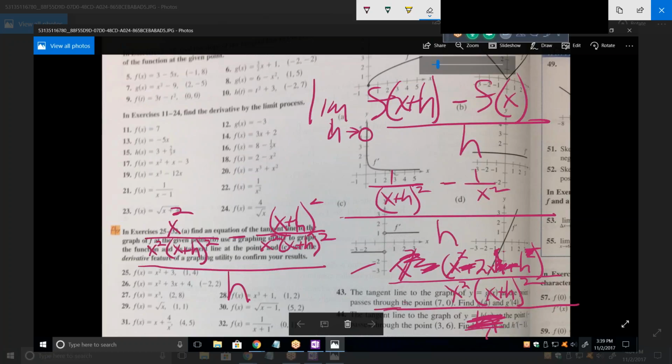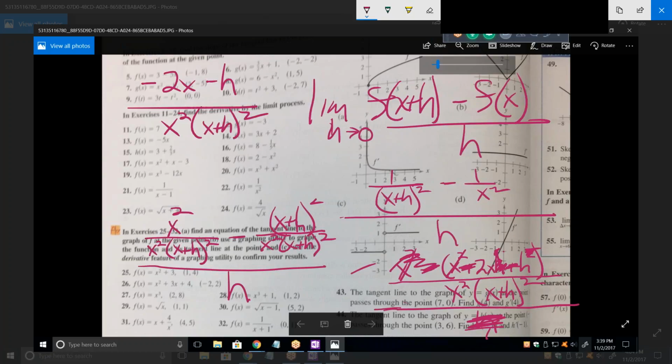So now here's what I have in the numerator: minus 2x minus h, all over x squared times x plus h squared.